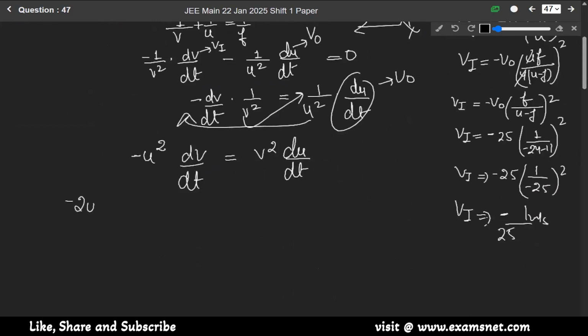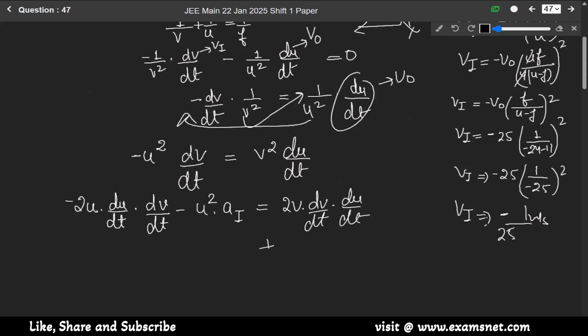So minus 2U dU over dt into dV over dt minus U square into d square V over dt square, means ai, will be equal to 2V dV over dt into dU over dt plus V square d square U over dt square, means acceleration of the object. Since initially the object has no acceleration, it will be 0.